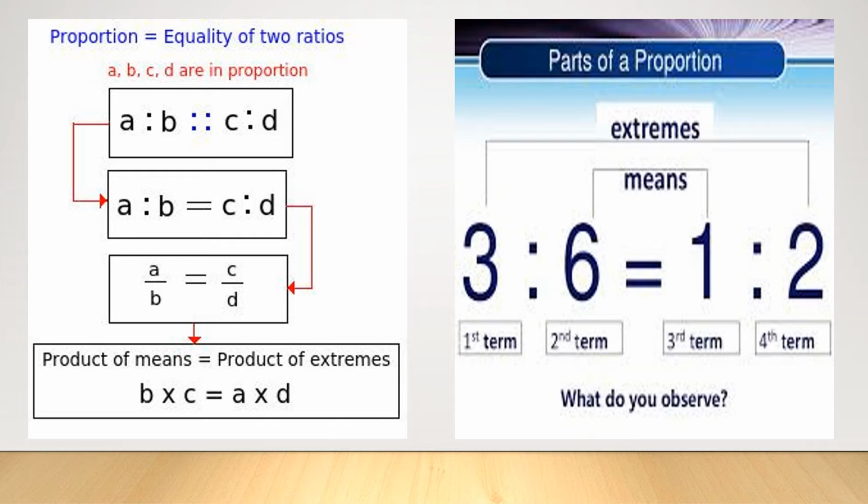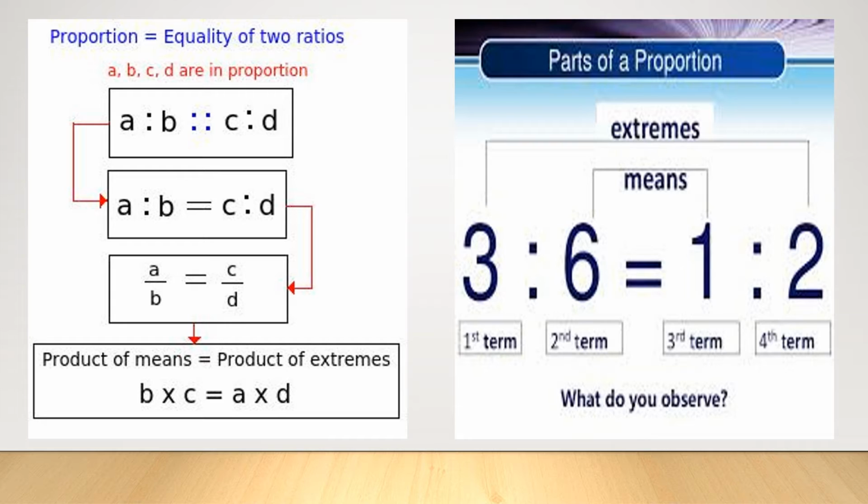It can be written as A is to B is equal to C is to D, or in fraction form, A by B is equal to C by D. Now remember, children, a very important point: the first term is A, B is the second term, C is the third term, and D is the fourth term.